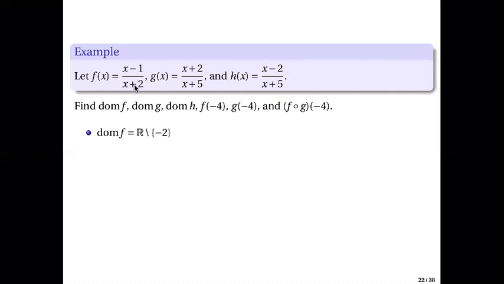So meaning, you don't want your x to be negative 2. And for all other numbers, the function f of x is defined. Our only restriction is that x cannot be negative 2. So the domain of f is the set of real numbers except negative 2. So you remove that negative 2.